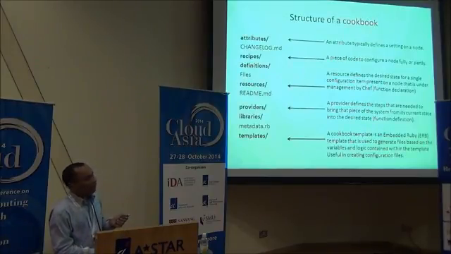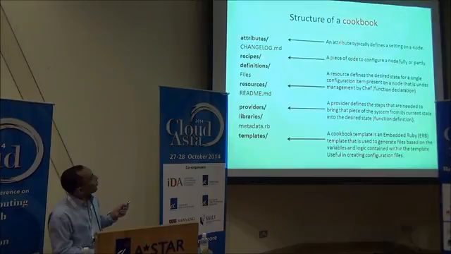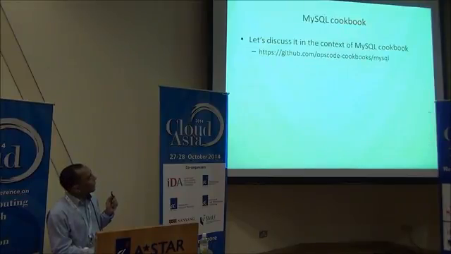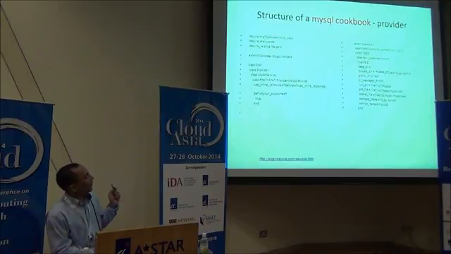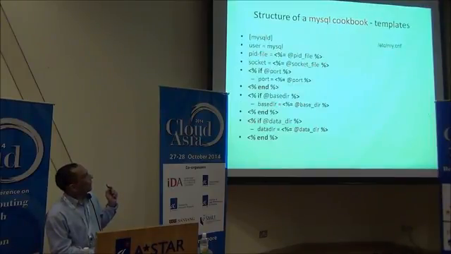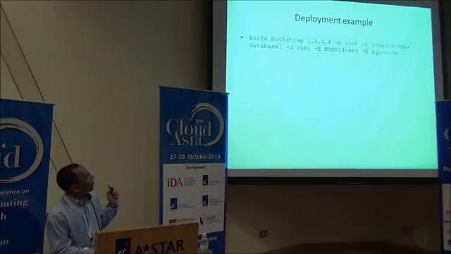Okay, so these are the different parts of the cookbook: attributes, recipes, definitions, resources. I'm not going to go into that. I'm just going to skip this. But I have details of that. Also, I have a detailed example of a cookbook, so you can look at it in your own time.